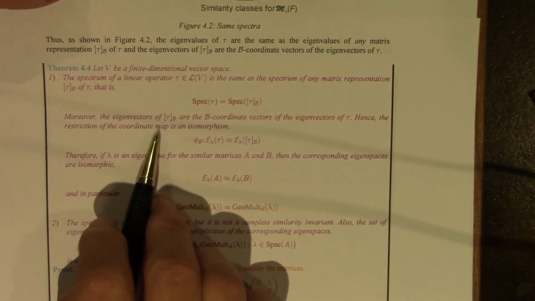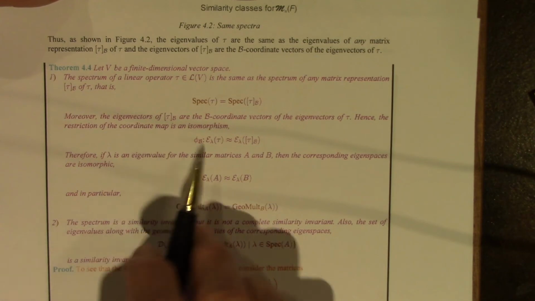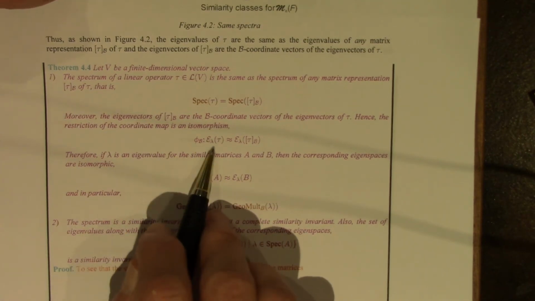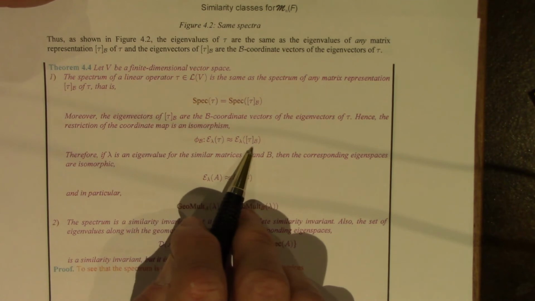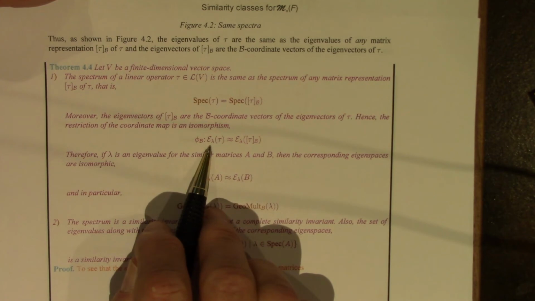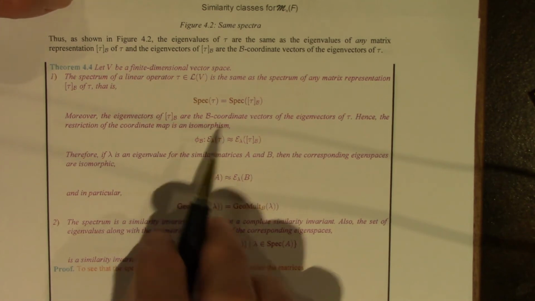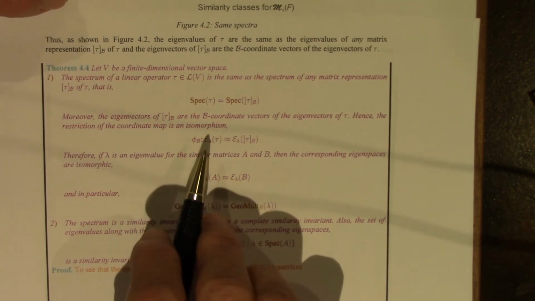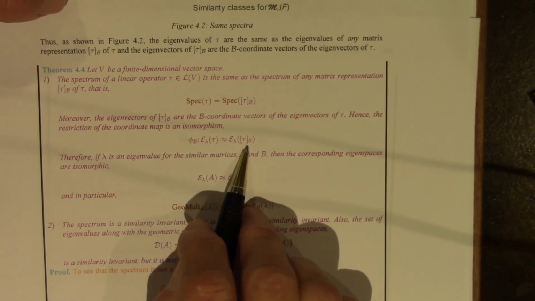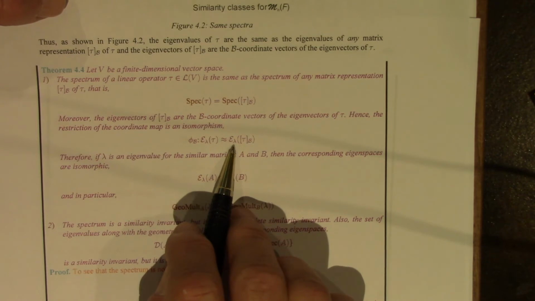So if we restrict the coordinate map phi sub b to just the eigenspace, we get an isomorphism between these eigenspaces: the eigenspace of tau associated with lambda, and the eigenspace of the matrix representation of tau, same eigenvalue.